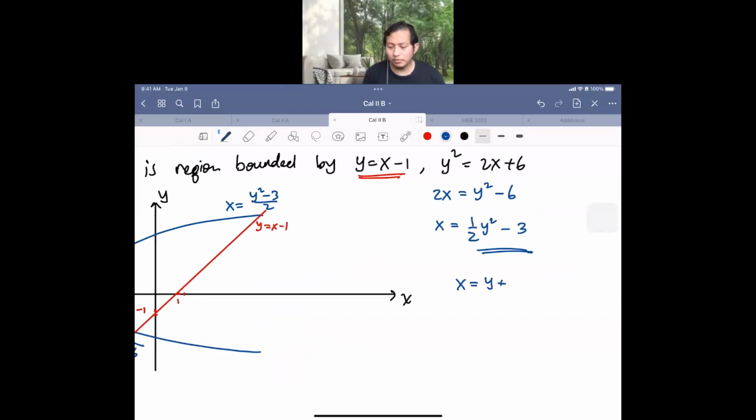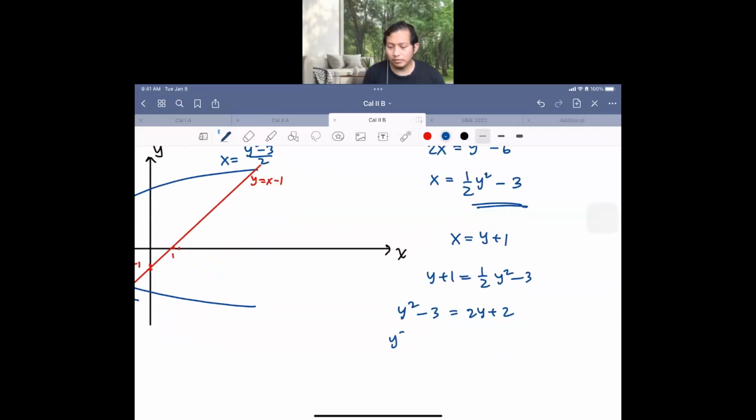So y plus 1 equals half of y squared minus 3. We could write y squared minus 3 equal to 2y plus 2. So y squared minus 2y minus 5 equal to 0. Oh, wait.